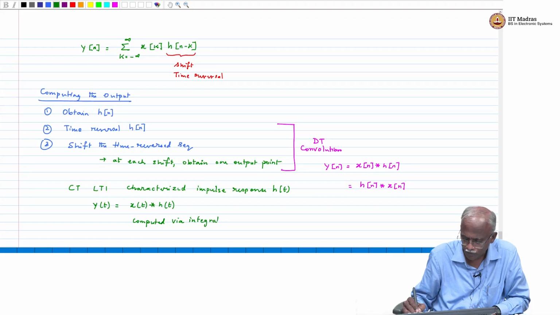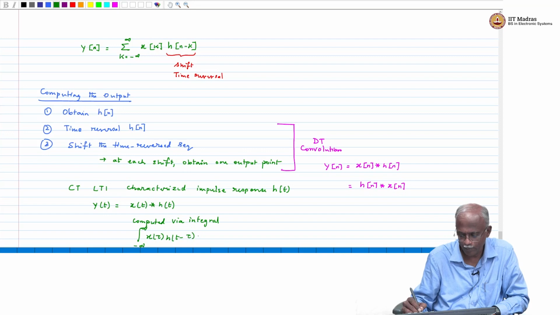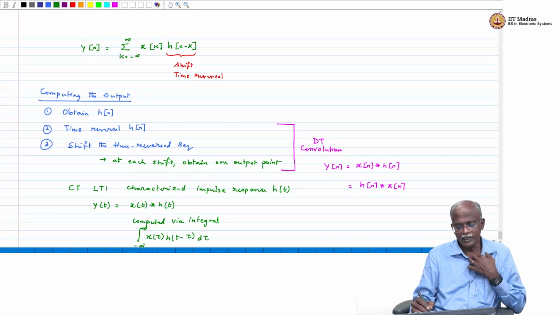Okay, and I'm sure you are very comfortable with this. This is minus infinity to infinity, x of tau, h of t minus tau, d tau. You can see the time reversal there happening. Okay, this is an integral.